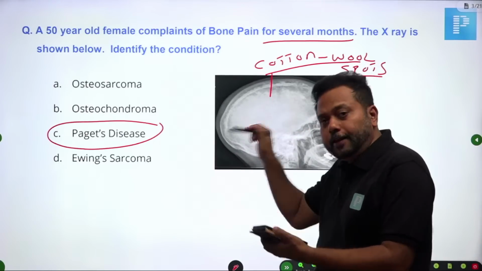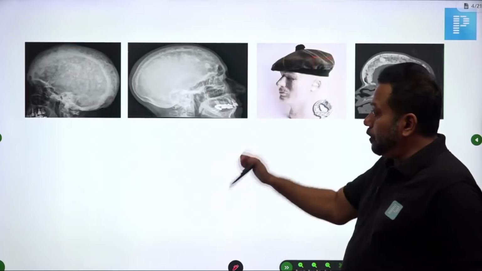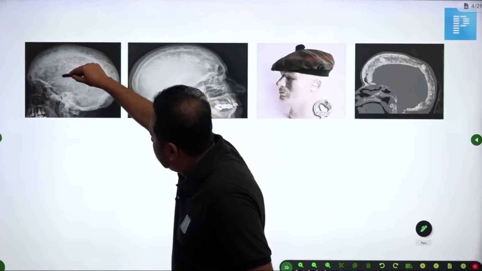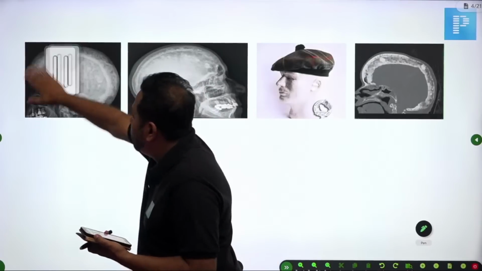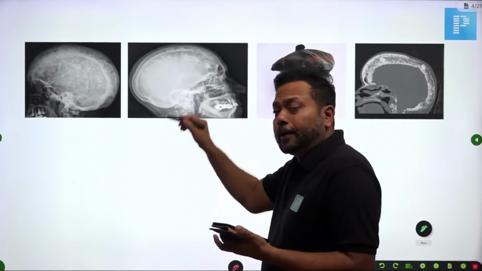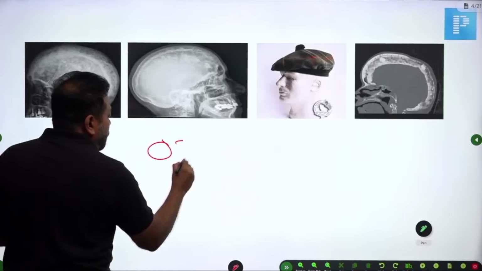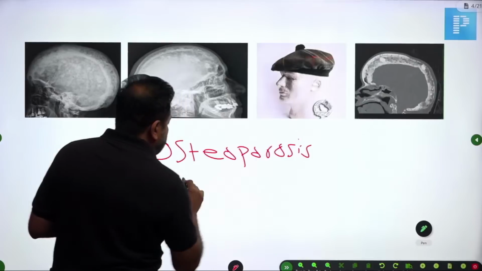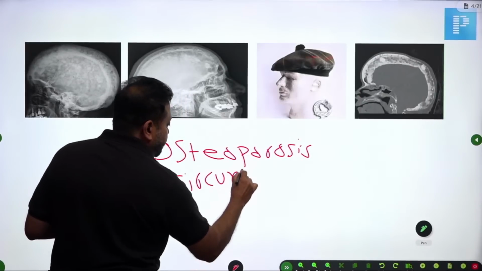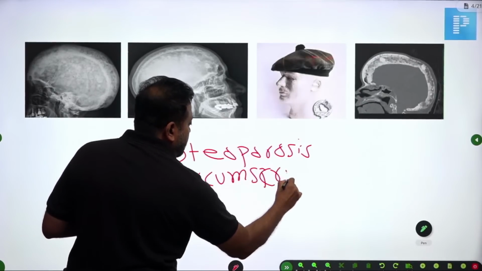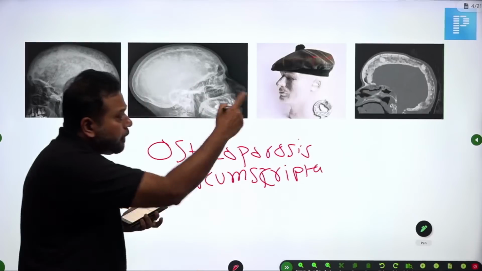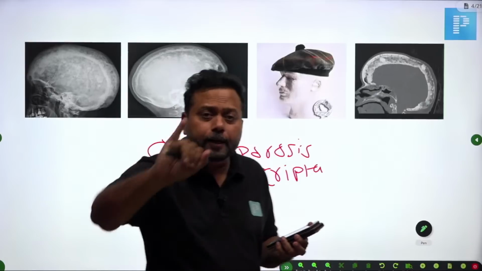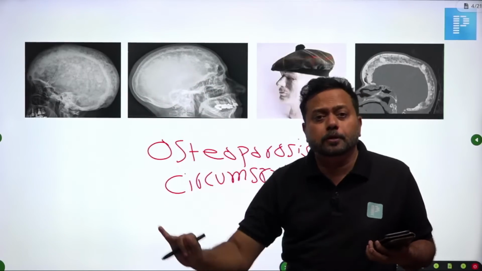In the skull, I want you to remember, one, the fluffy images, cotton wool spots. Another important X-ray finding of the skull is osteoporosis circumscripta. So Paget's disease, skull findings: cotton wool spots, osteoporosis circumscripta.